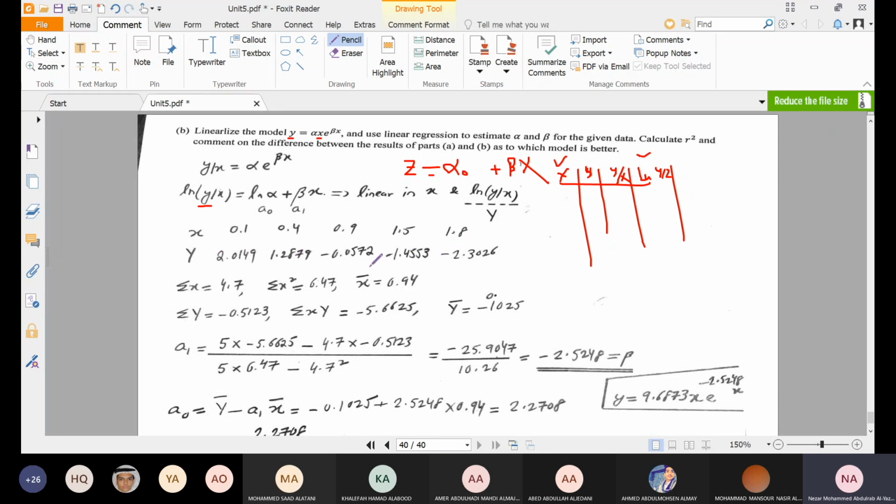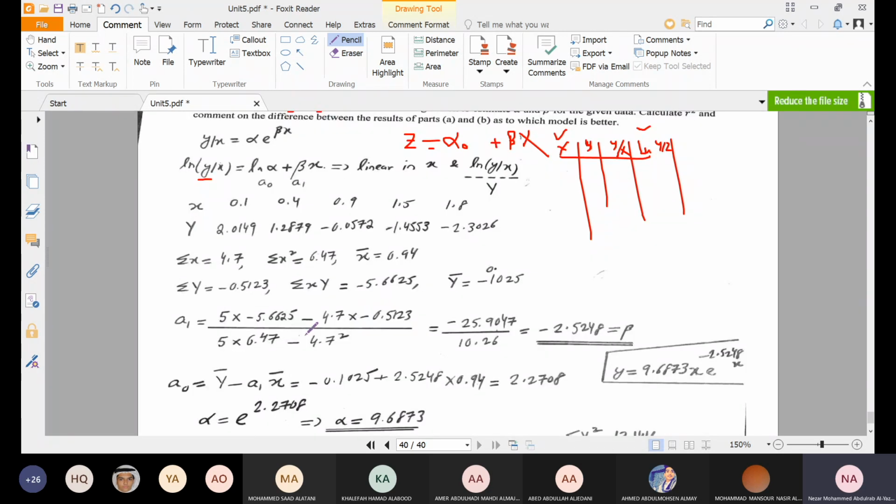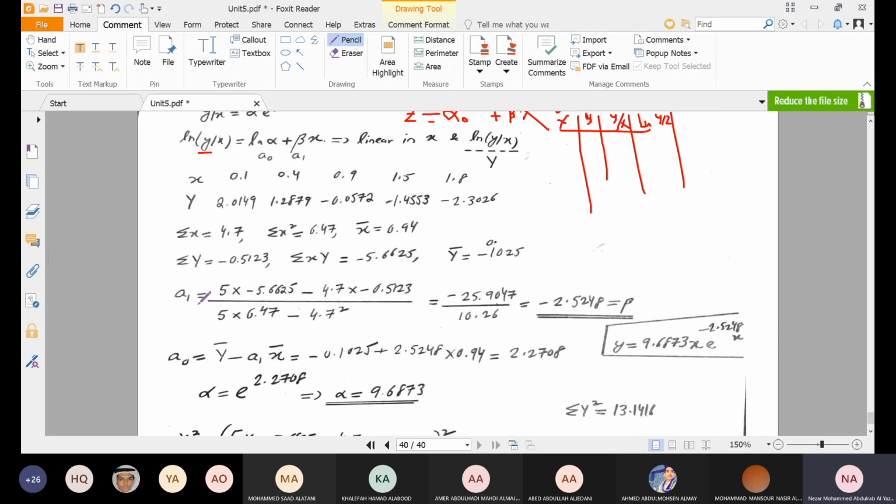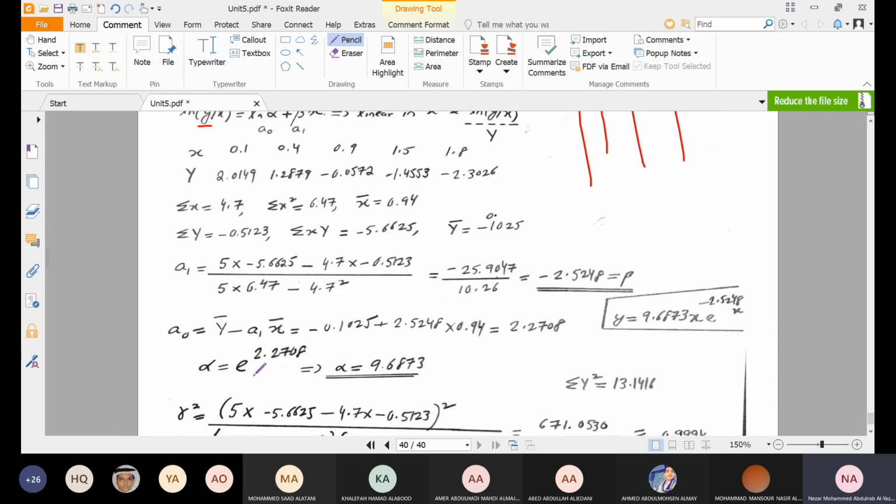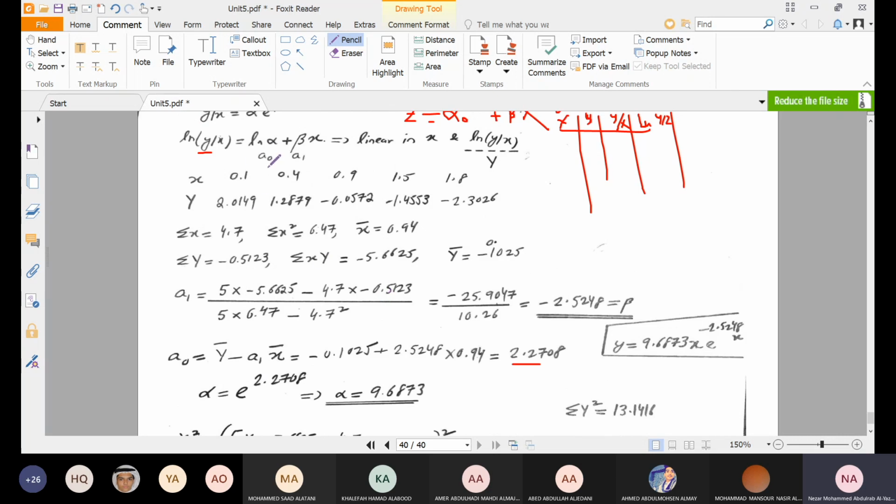We create a new table. After that, we find these terms that we need. We use the least squares formula to find the values of alpha 0 and beta. And then I get alpha here. Alpha is equal to the inverse of this coefficient, because you can see alpha 0 is nothing but the ln of alpha.